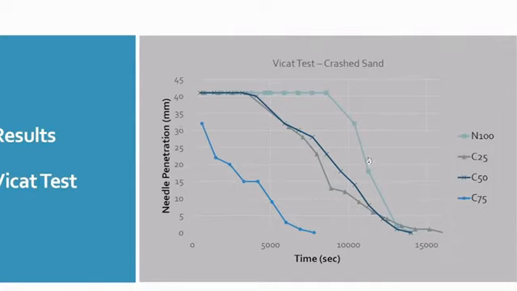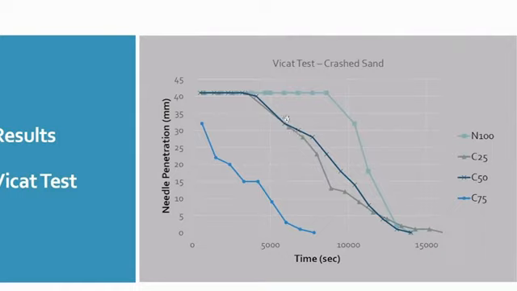Here you can see the light blue is the setting time of the reference mixture with the natural sand, and these two are the 25% and 50% replacement with the crushed sand.